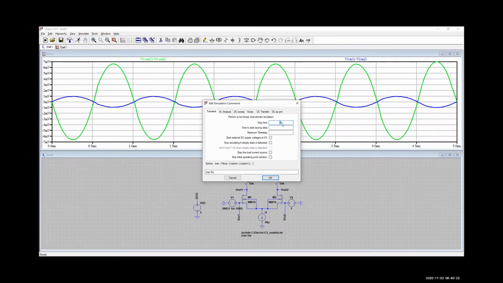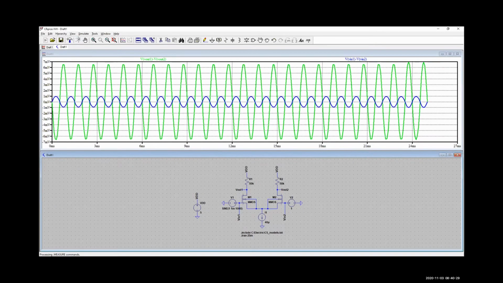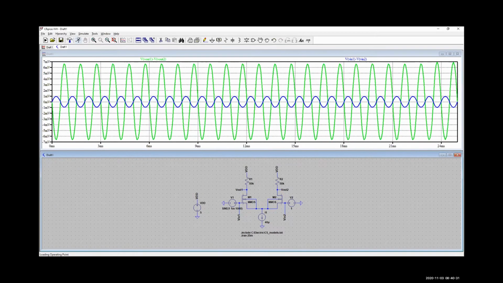So let's look at this over 25 milliseconds. That's still gradually increasing. So I would say, let's call it a little under 7 for our differential output signal.